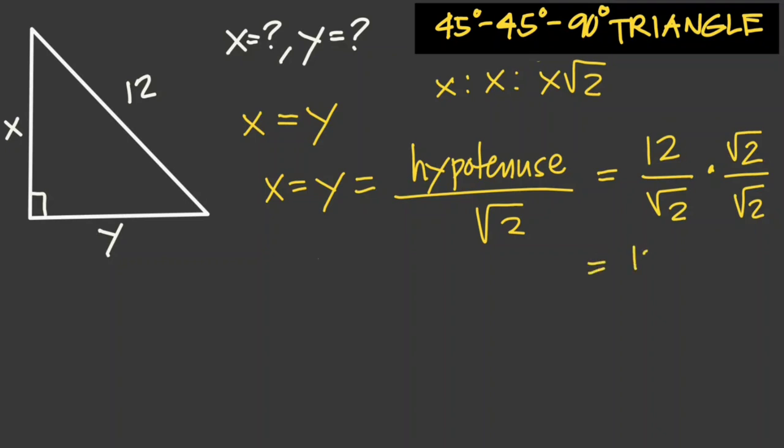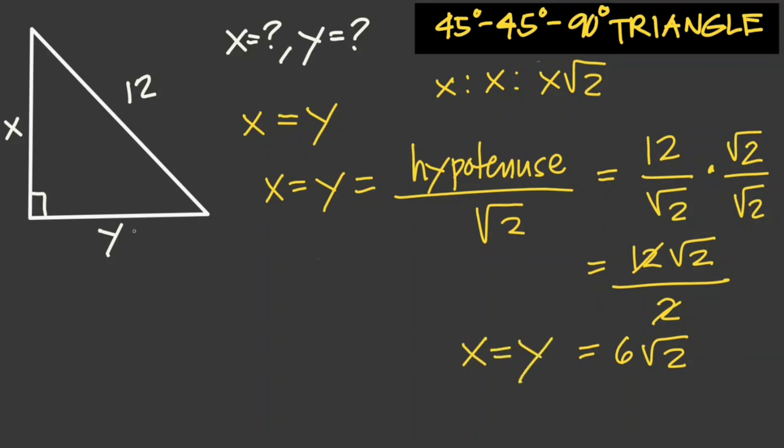So 12 times square root of 2 is just 12 square root of 2. Square root of 2 times square root of 2 is just 2. Then we can simplify this: 12 divided by 2 is 6 square root of 2. So our legs x and y are equal to 6 square root of 2.